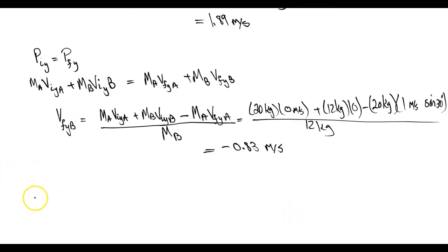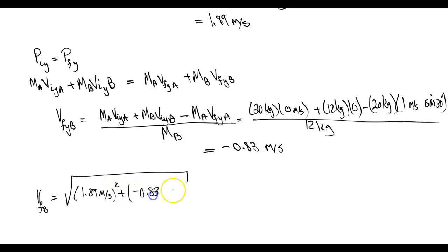We have vector components, so final velocity for B in magnitude is going to be 1.89 meters per second quantity squared plus a negative 0.83 meters per second quantity squared, which gives us a magnitude of 2.1 meters per second.